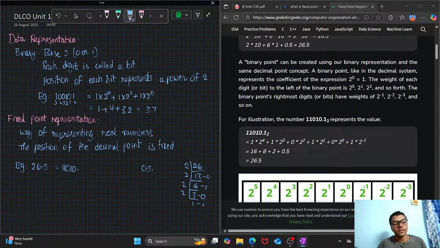And for decimals, you do the multiplication: 0.5 times 2 is 1.0, so the fraction is .1. That's it, because you got 0 after the decimal. So 11010.1.